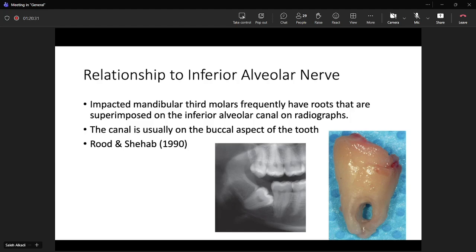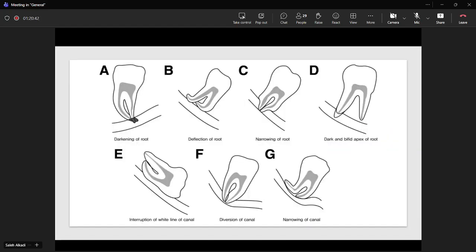But if you go back to the famous classification of the relationship of the inferior alveolar nerve to the wisdom tooth by Rood and Shihab in 1990, they identified 7 radiographic signs that may tell that this wisdom tooth may have an impact on the inferior alveolar nerve, or may damage it if you extract it.